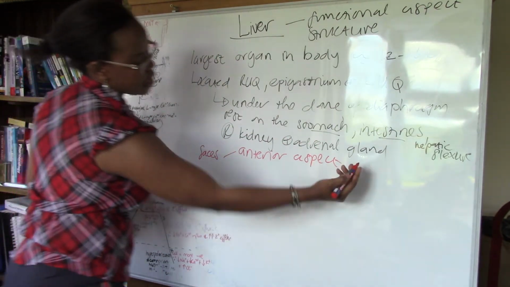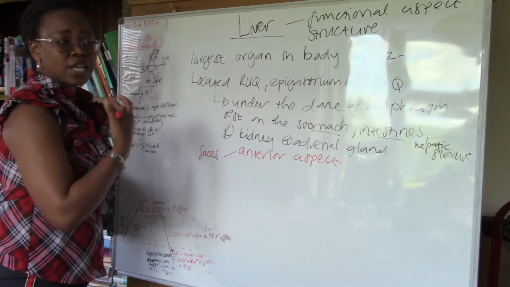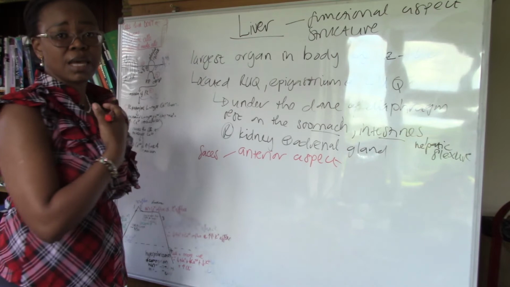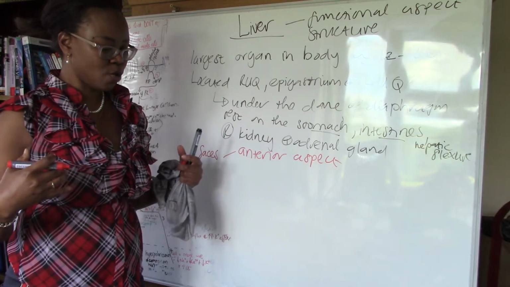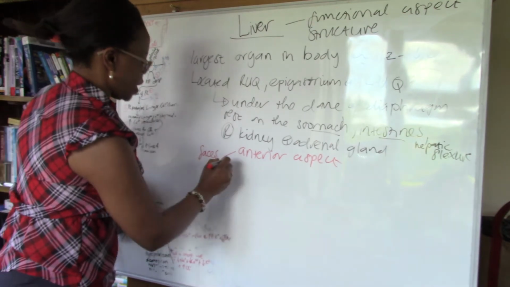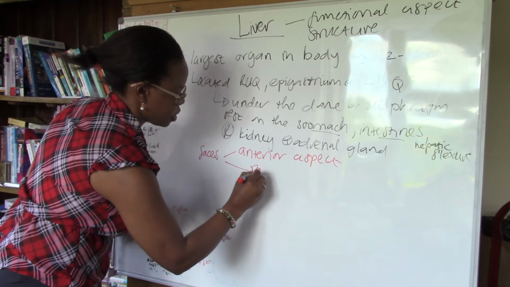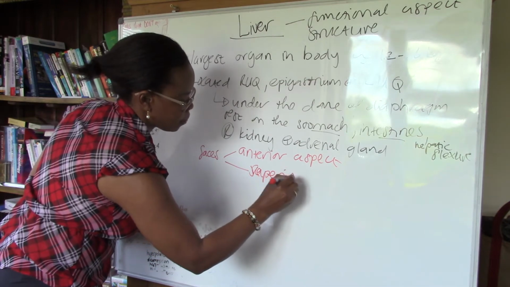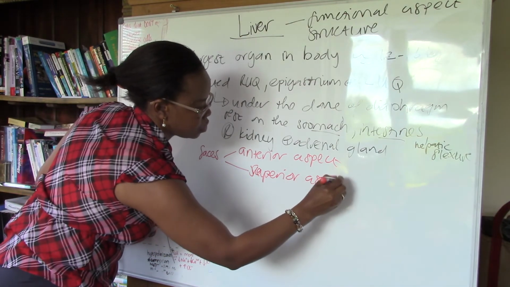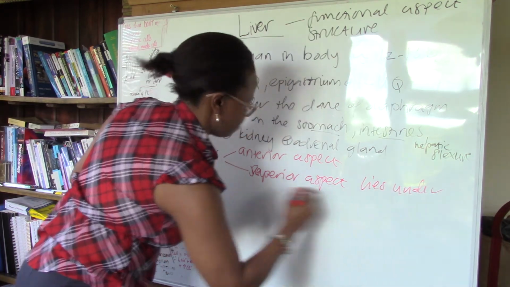So it has the anterior aspect, which is what we see if we were to make a midline section and open someone up. What we'll see facing us will be the anterior aspect. And then it also has a superior aspect, which lies under the diaphragm.